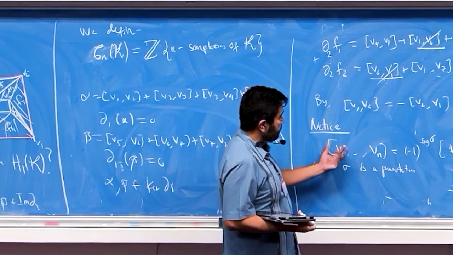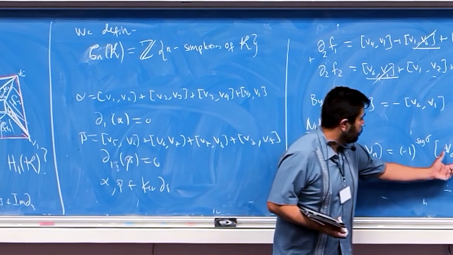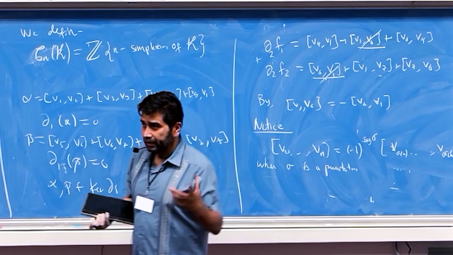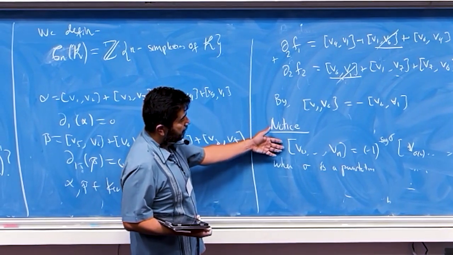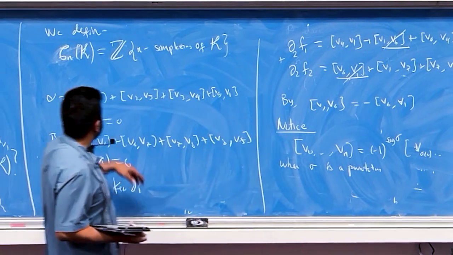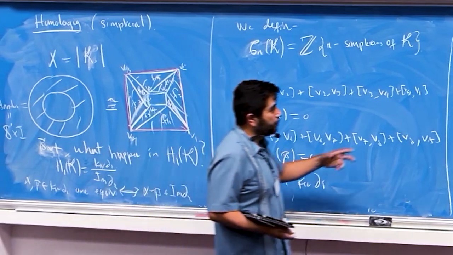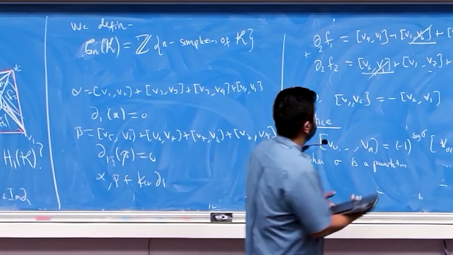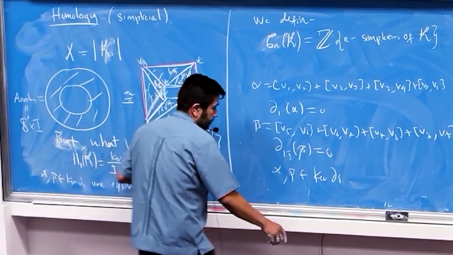So the number of transpositions that I need to do in order to go from this permutation to this one just changes the sign of the simplex. This particular identity is added to this group in order to be able to cancel out these two. So we are going to cancel out these two. So this edge here got canceled.